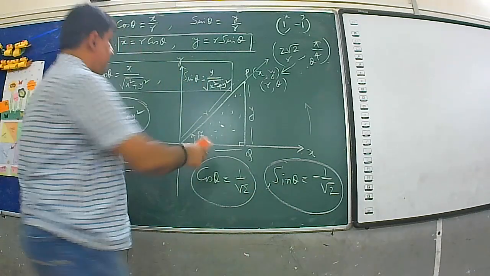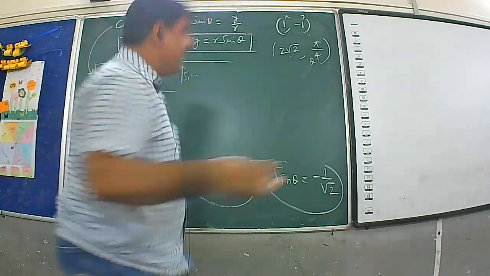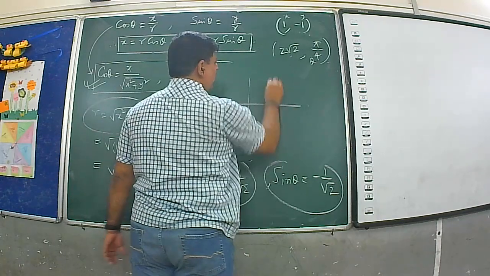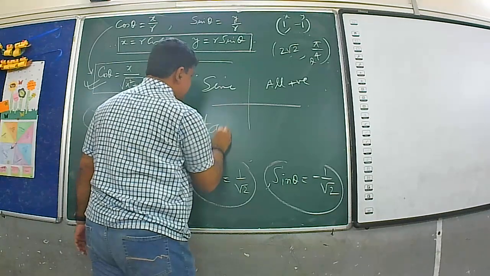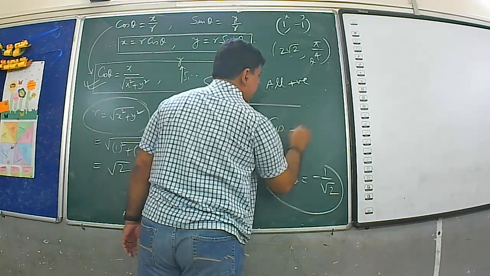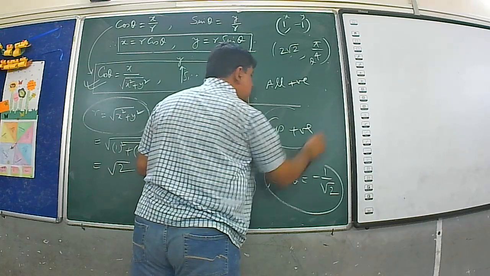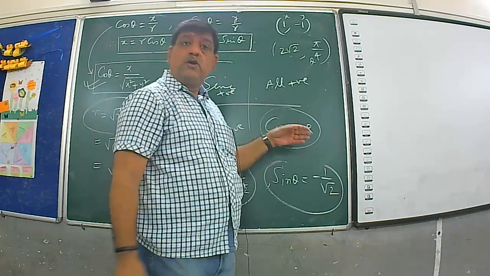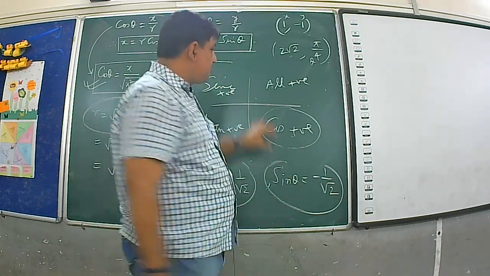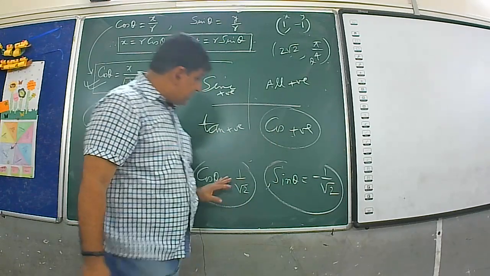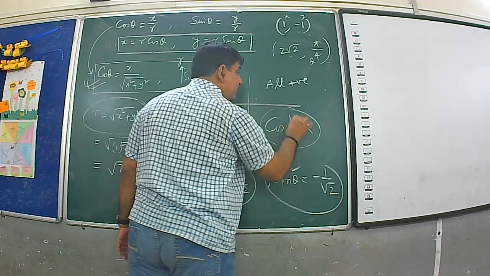In the add sugar to coffee rule, in the first quadrant all are positive, then here sine is positive, then here tan is positive, and here cos is positive. Now if cos is positive, the others should be negative, means tan, sine, cosec, cot are all negative. Cos and sec: sec is the reciprocal of cos, so it should be positive here. So if cos is positive and sine is negative, your theta lies in the fourth quadrant.